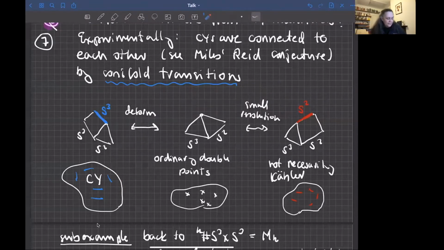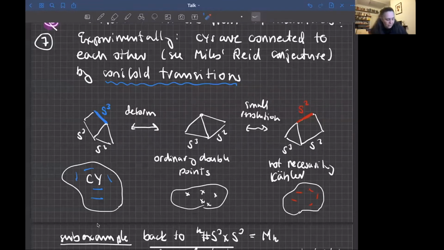If you take a magnifying lens and look at this closely, it looks basically like a truncated cone, where the base of the cone is S3 cross S2, and you have the 3-cycle that is vanishing. So it vanishes, and then what you get is a Calabi-Yau that has singularities, but the singularities now are ordinary double points. So I could have started the other way around.